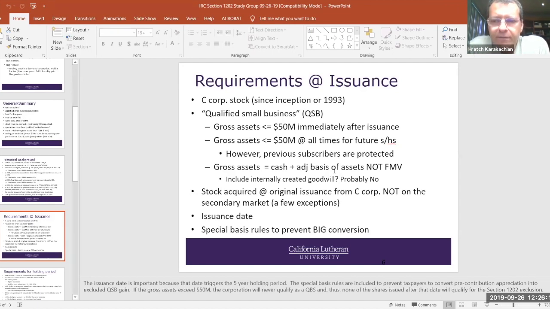If it's a self-created patent, it could be close to 0. For the gross asset test, we take the cash of 100,000 and the adjusted basis of that patent, which for all intents and purposes is 0. So even though in terms of value the corporation has about $1 million in it, for purposes of this test, it only has about $100,000 in it.